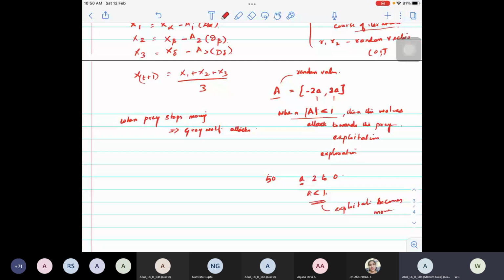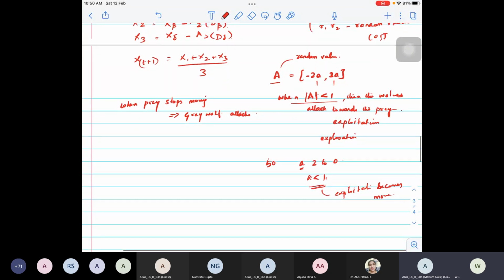So the chances of exploitation become more, and until then the chances of exploration are more. So it means that there is a balance between the exploration process and the exploitation process, right?